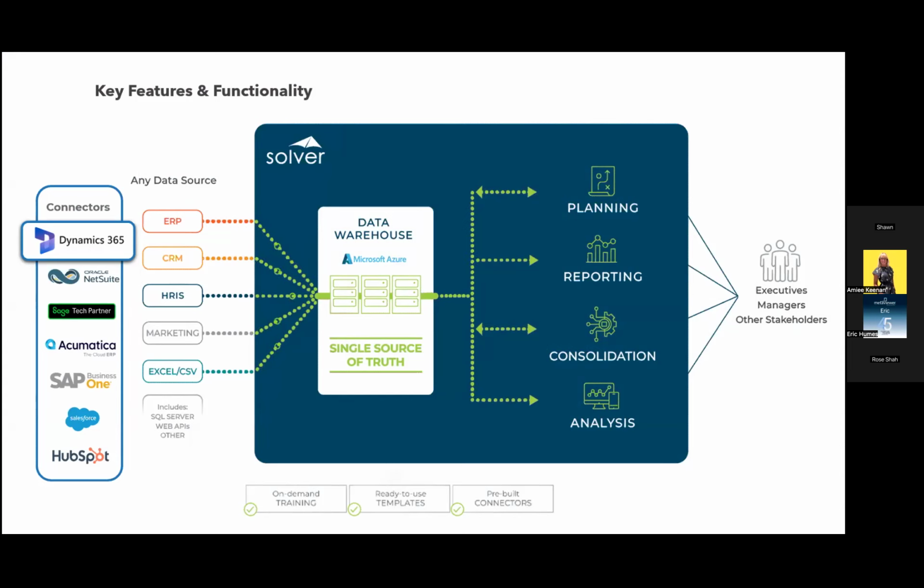You might have other data sources like a CRM system, a payroll system, or even data that's sitting in Excel today that you want to pull in. Once all of this information sits within the Solver data warehouse, you can then use it for reporting, consolidations, planning, and analysis. And the same applies, of course, when you migrate over to Business Central or any other ERP.